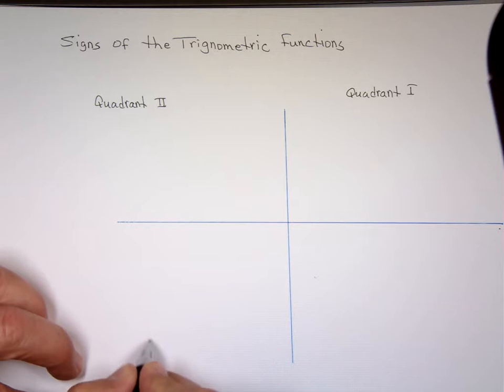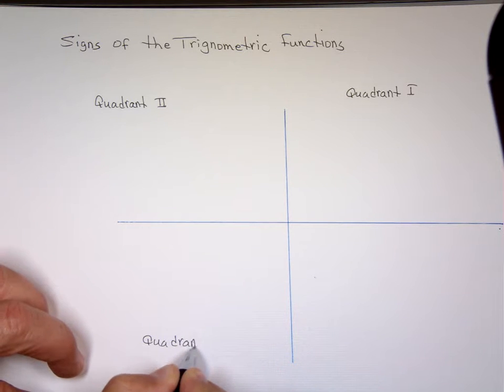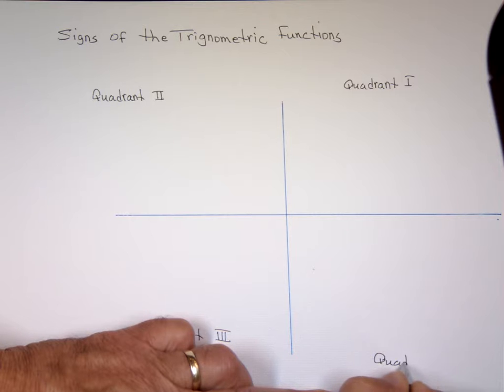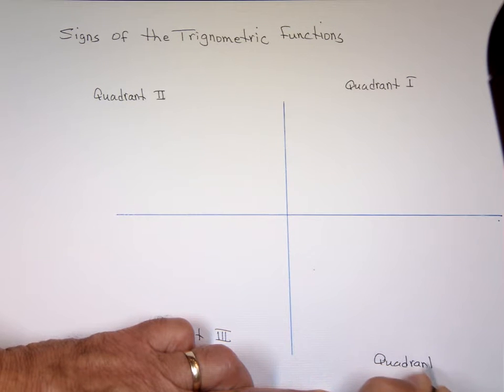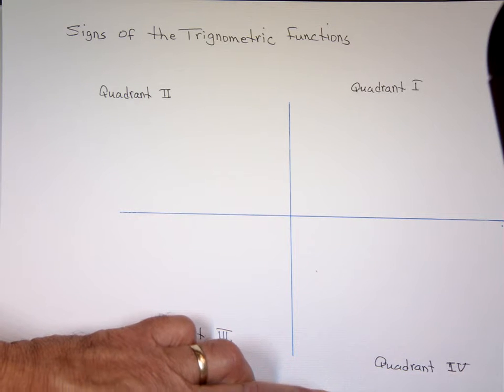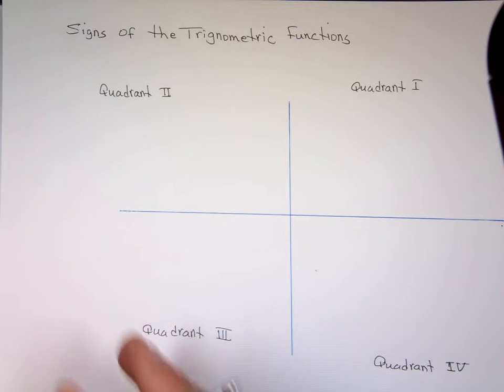This is quadrant 3. And this is quadrant 4. One, two, three, four.